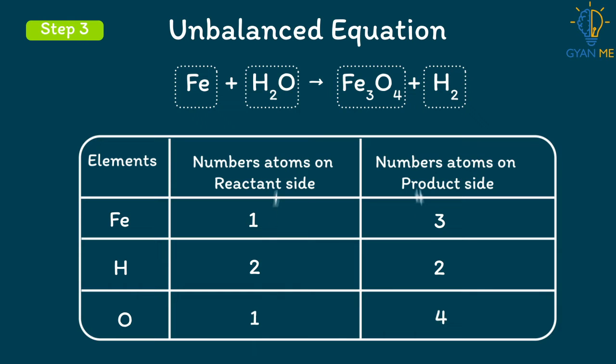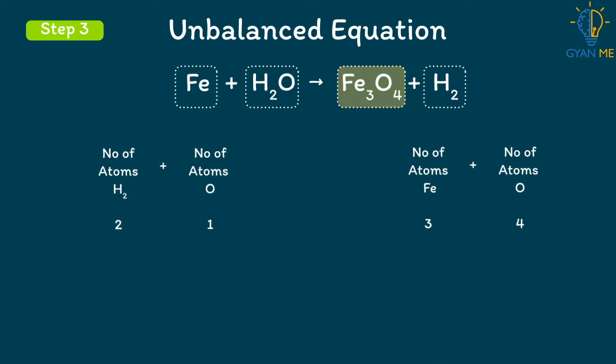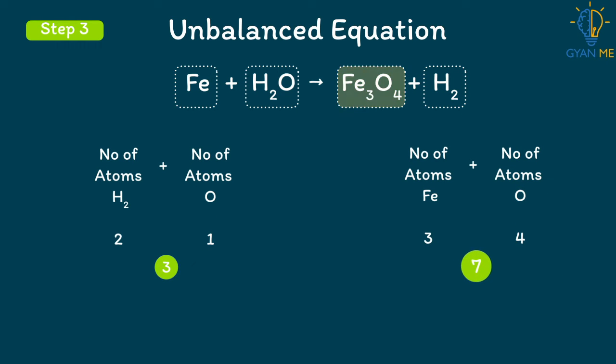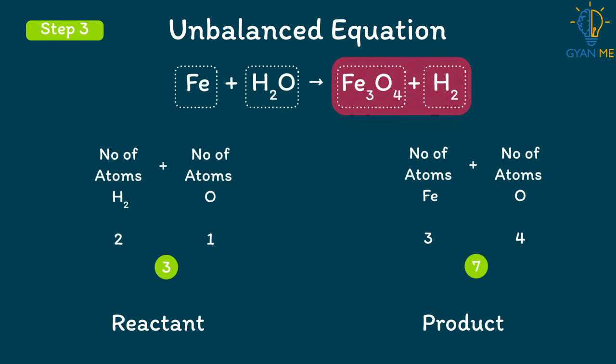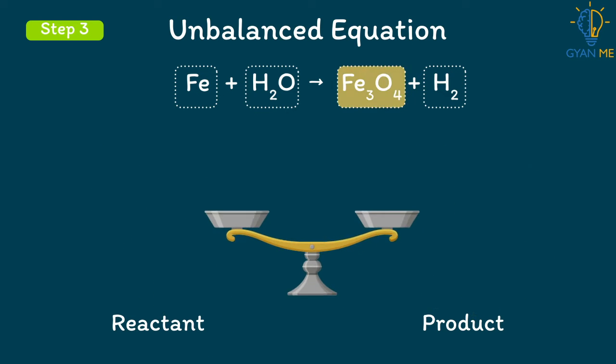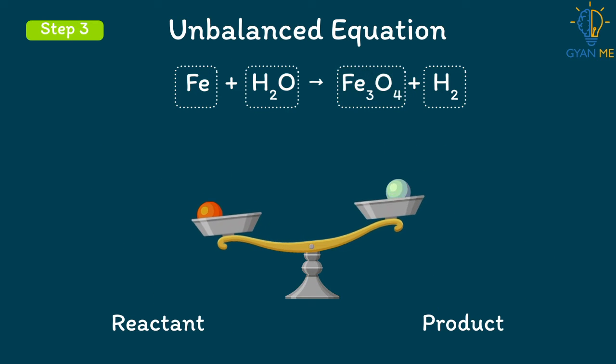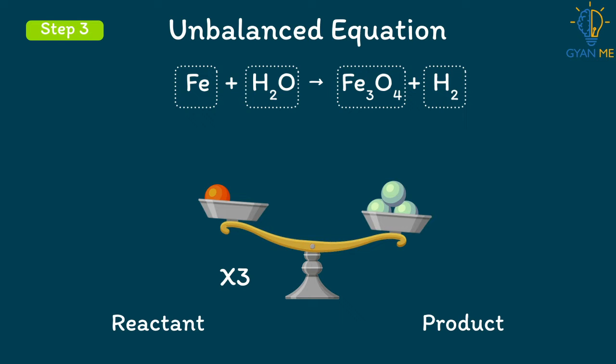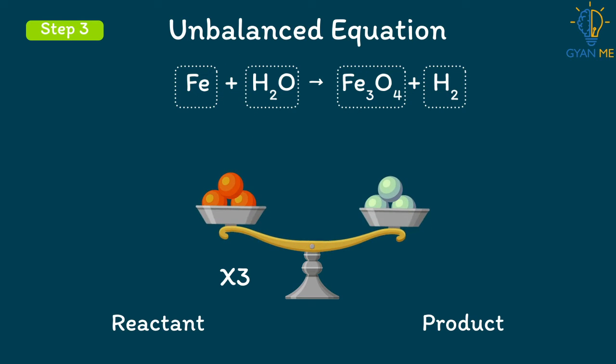Step 3. Select the compound that contains the maximum number of atoms, which can be on any side of the equation, that is, maybe the reactant side or the product side. In the compound, select the element which has the maximum number of atoms. Then multiply the element with the lesser number of atoms by a number such that atoms on both sides become equal.